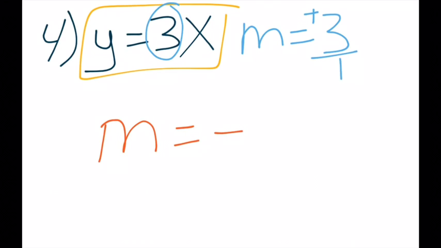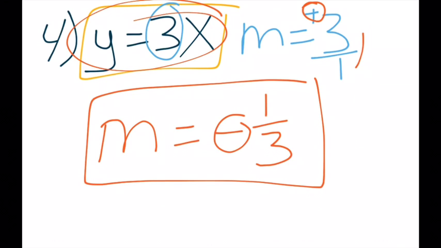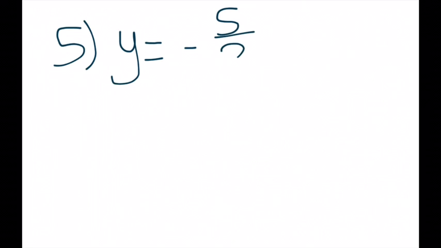This is 3 over 1. The reciprocal of 3 over 1 is 1 over 3. So the slope of the line that's perpendicular to this line is negative 1/3. I can see that I have opposite signs, and they are reciprocals of each other. Okay, number 5. This one is y equals negative 5 halves x subtract 6.